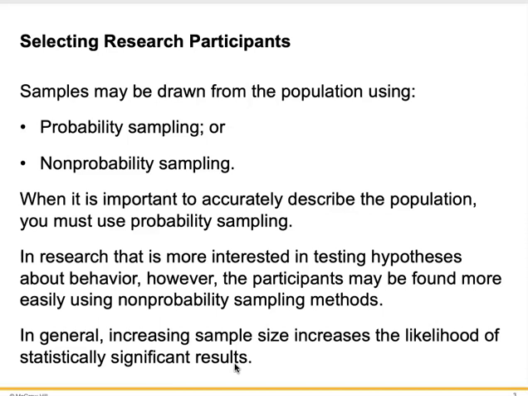And in research that is more interested in testing hypotheses about behavior, the participants may be found more easily using non-probability sampling methods. So in general, increasing sample size, remember, increases the likelihood of statistically significant results. The larger the N, or the number of people that we test, the more likely that we're going to get statistically significant results, and then can say that it most likely will happen in the general population.